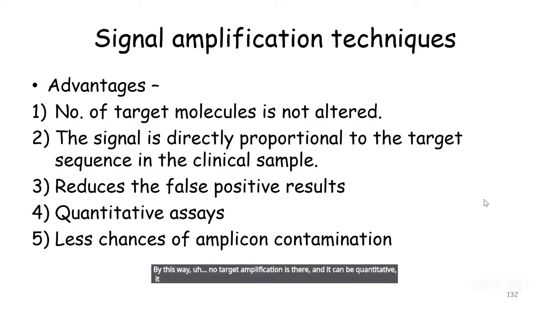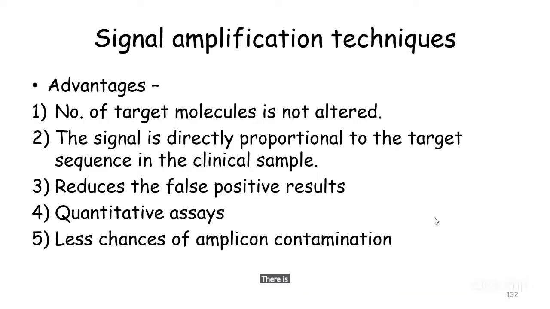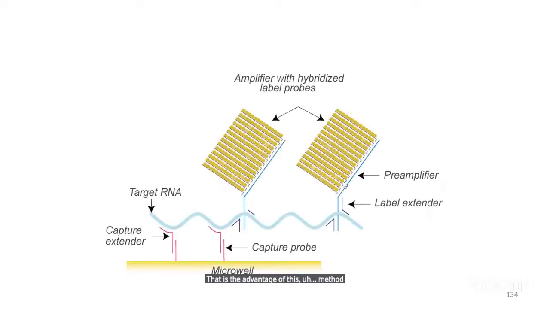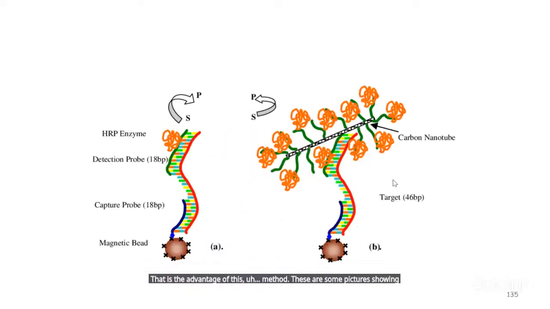It can detect even a smaller quantity of DNA. The advantage is there is no risk of contamination, no risk of amplicons generation, and no thermocycler is needed. That is the advantage of this method. These are some pictures showing the branch DNA probes.